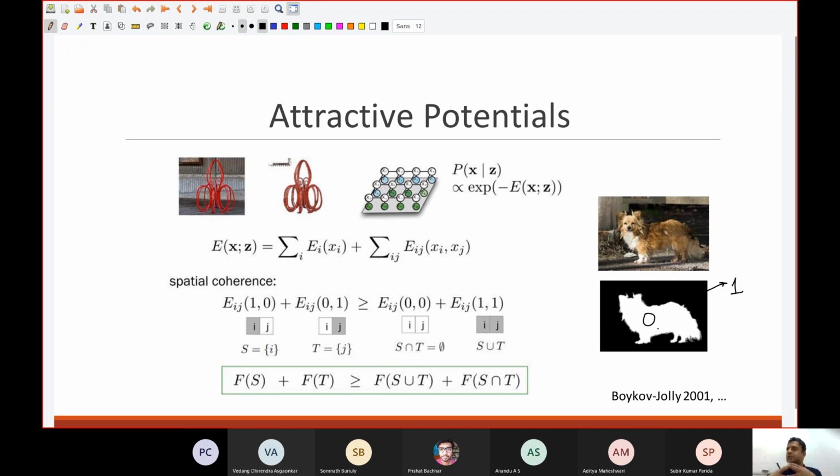In graphical models, if you've done a course, then you've come across the problem of segmentation. So I want to look at what pixel is befitting a dog. That's the energy part.